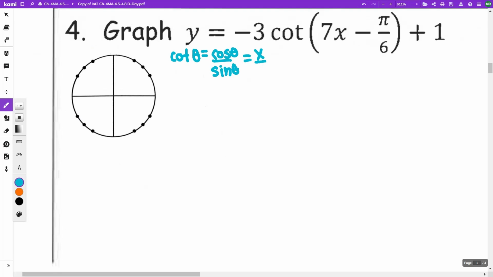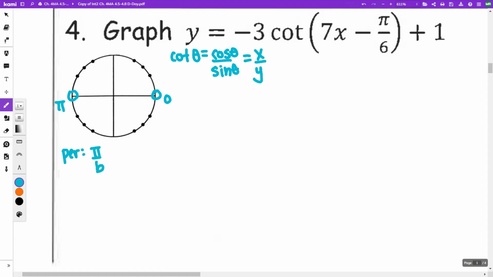So I care about where my y is 0. And my y is 0 here and here. So it's going to be an asymptote normally at 0, normally at pi. A period for tangents and cotangents is pi. So our period will be pi divided by b.